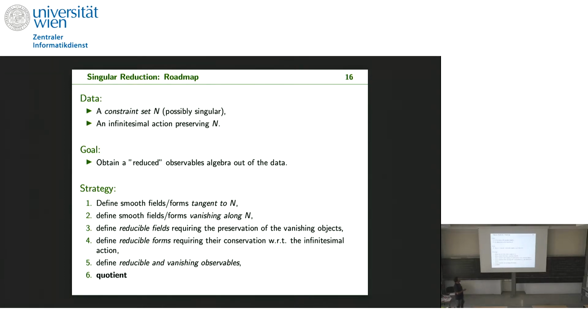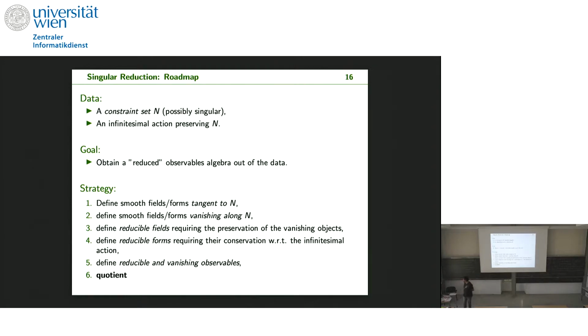After that, you can talk about smooth fields and forms that vanish along N. Out of this idea, it's possible to define a class of reducible fields by requiring that they preserve the vanishing object, and also define a class of reducible forms by requiring that they are conserved with respect to the infinitesimal action. Combining these two, you get a recipe to recognize the reducible observables and vanishing observables, and after that, quotienting these two, you get the sought L-infinity algebra.